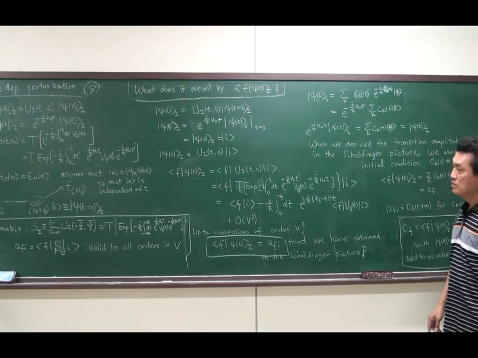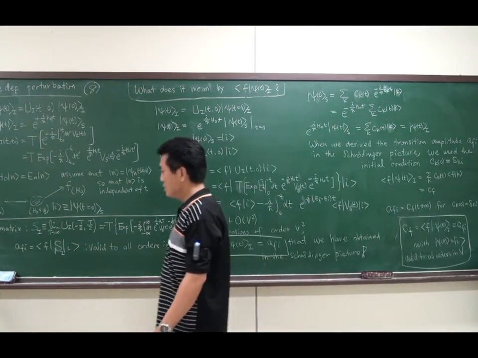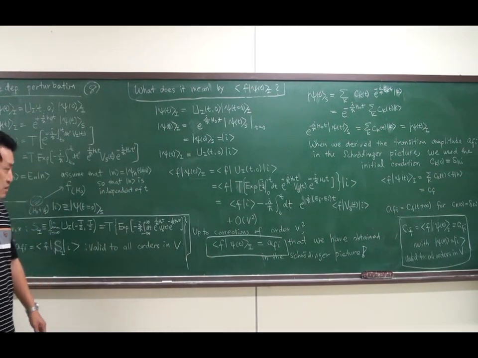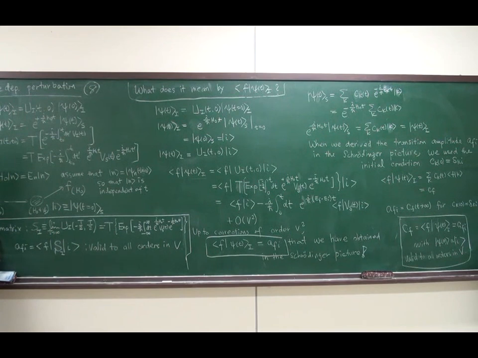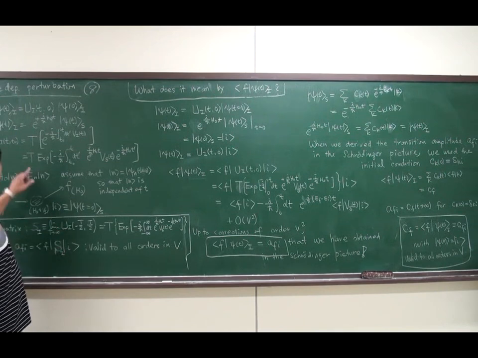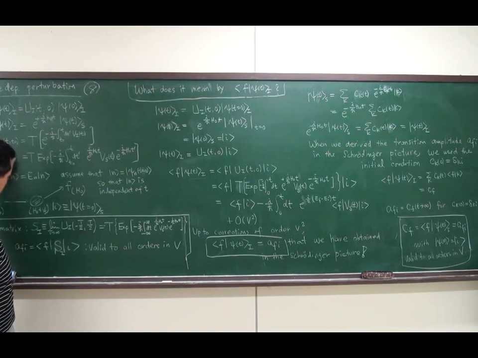Alright? So, in summary, we can define a matrix which is called the S matrix. The S matrix is just the time evolution operator.